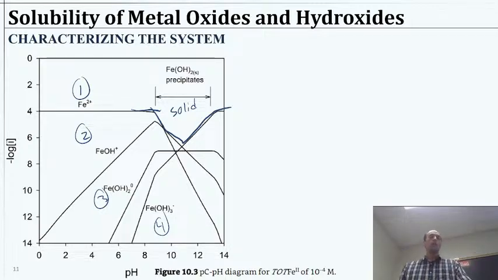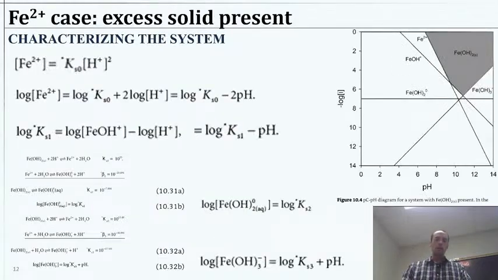Okay, so some things like that. What I mostly wanted to show you is that each of these equations, when we have, let's say, that Fe2+ is equal to this K star times H plus squared, right? That's going to be tracking one particular line, and we can plot that line. That's how we could develop a plot like this. So here we have another one.